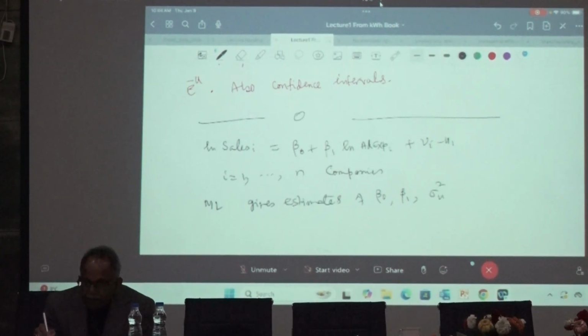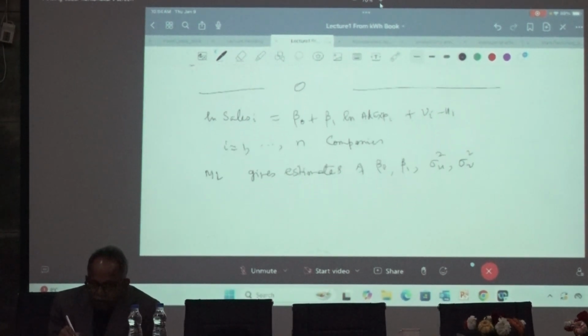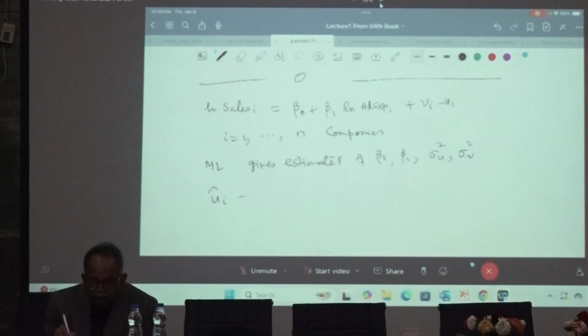These are variances, the last two being the variances of u and v. After doing this, you'll get an estimate of u hat. I'm putting a hat to indicate that these are not the true values but estimates of the true values, and this is based on the formula I showed you: the expected value of ui conditional on epsilon i.